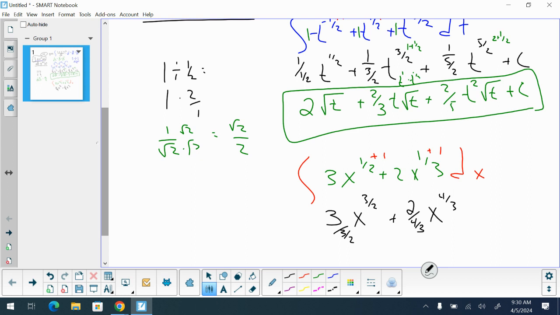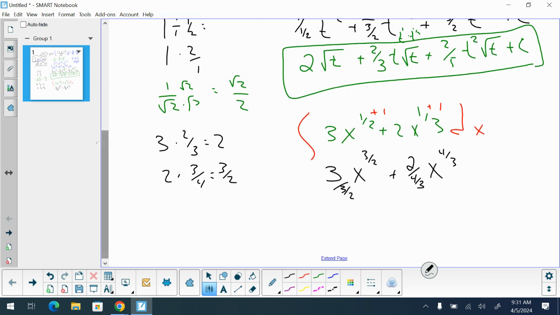To me, I always have to take it off to the side. 3 times 2 over 3 gives me 2. And then 2 times 3 over 4 would give us 3 halves. This gives me 1 1/2. This gives me 1 1/3.